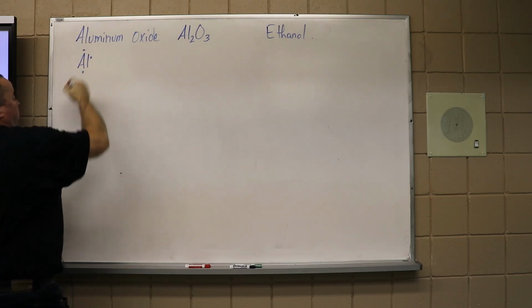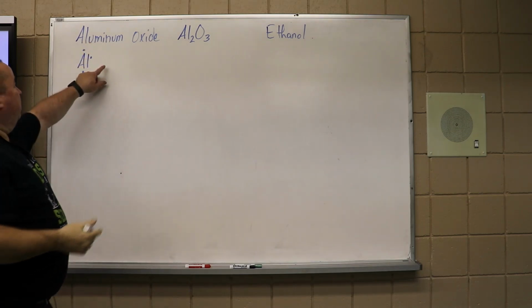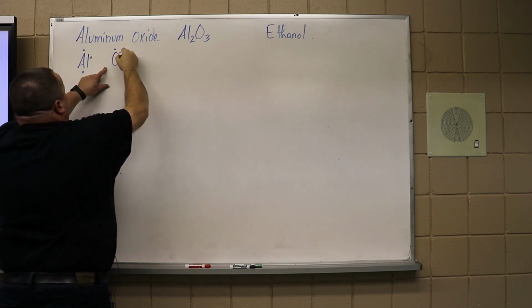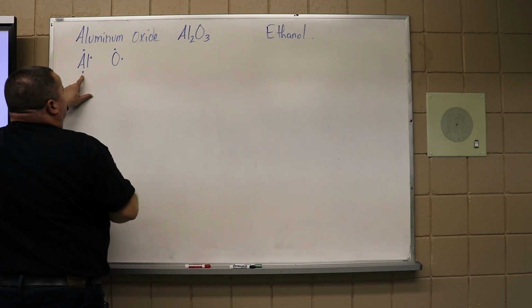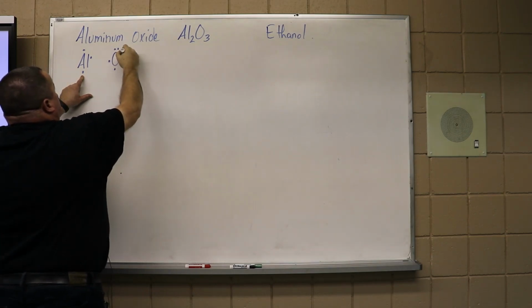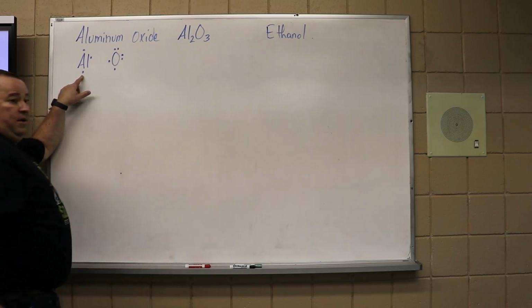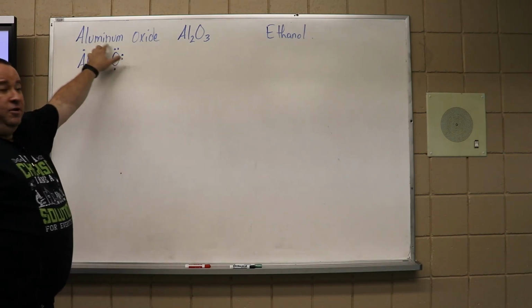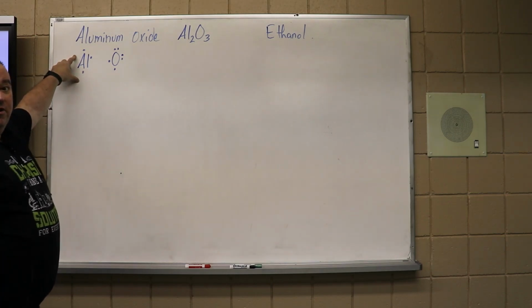I need to write one of each kind of atom so that I know what I'm dealing with. Aluminum in family 3 has 3 valence electrons, and oxygen in family 6 will have 6 valence electrons. 2 bonding electrons and 2 lone pairs here, and 3 bonding electrons here.